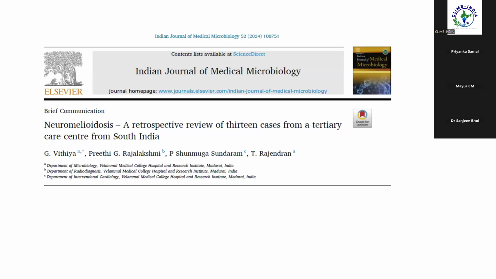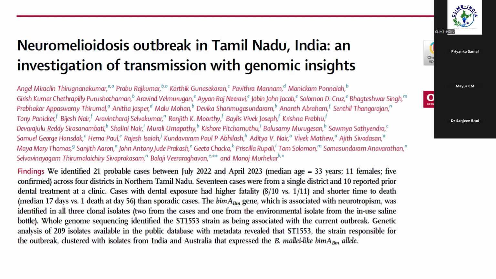Also, there is a recent case series from South India, from Madurai. They reported 13 culture-confirmed cases of neuromelioidosis, published in the Indian Journal of Medical Microbiology this year. And there was a recent outbreak in Tamil Nadu from 2020 to 2023. 21 cases of neuromelioidosis were identified in just 1 year.